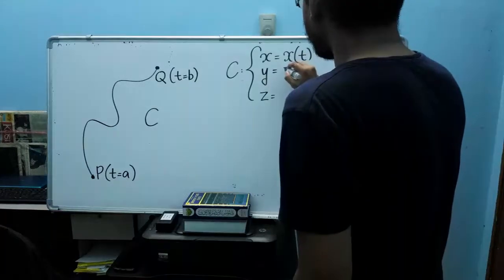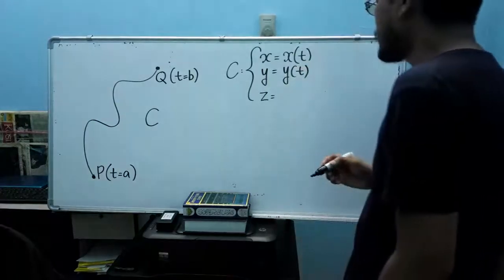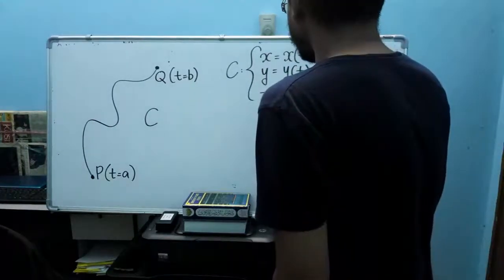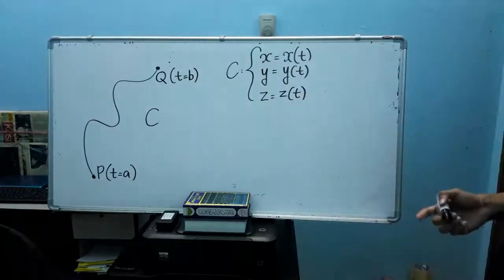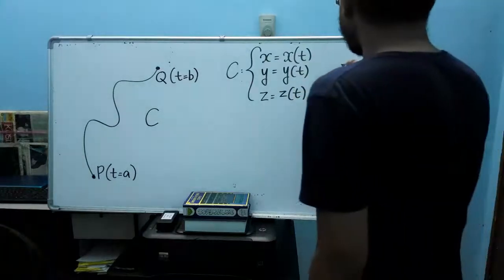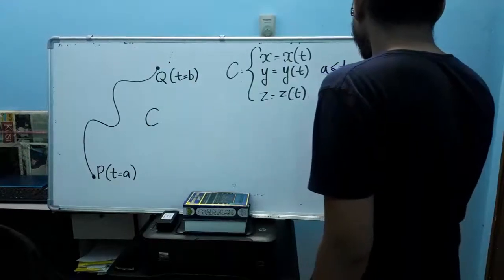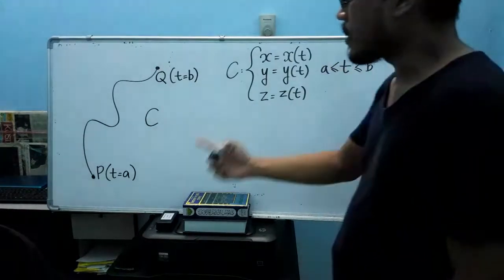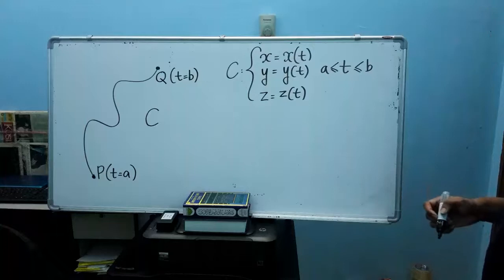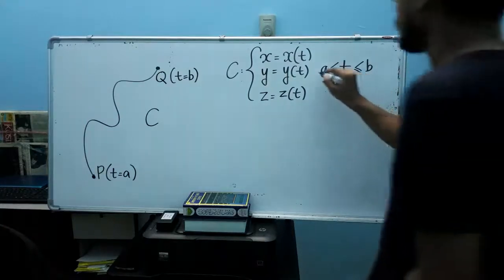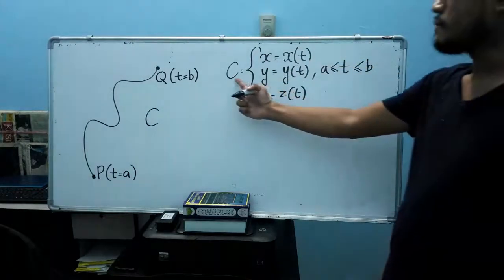Same with y: y equals a single variable function of t, and z also equals a single variable function of t. Of course, the value of t is between A and B, and the values of A and B depend on the initial point and the terminal point in C. This part we call the parametric equation of C.